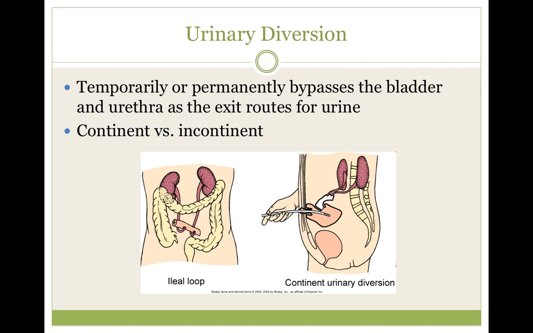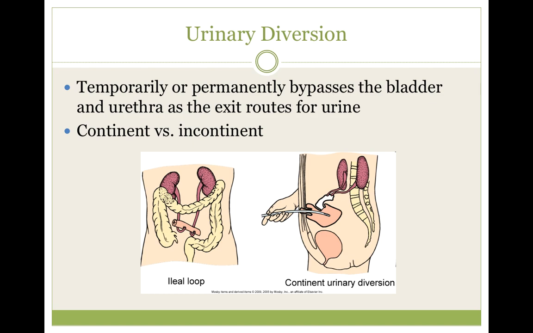There are two types of continent urinary diversions. The continent urinary reservoir, this is the picture on the right. They use part of the distal part of the ileum and proximal part of the colon to create a pouch.